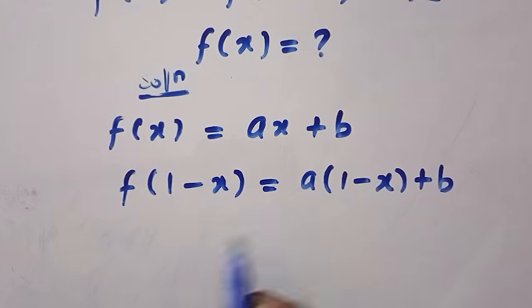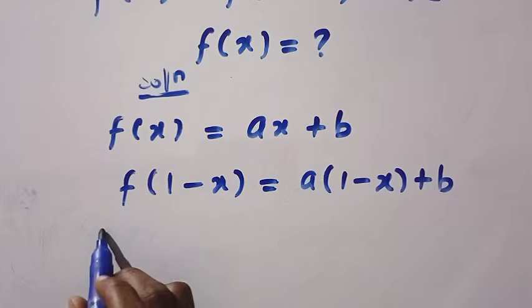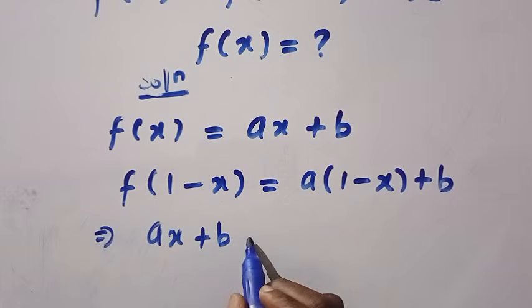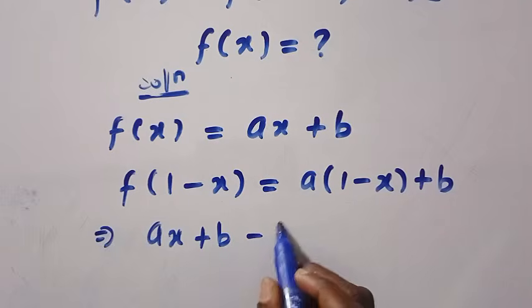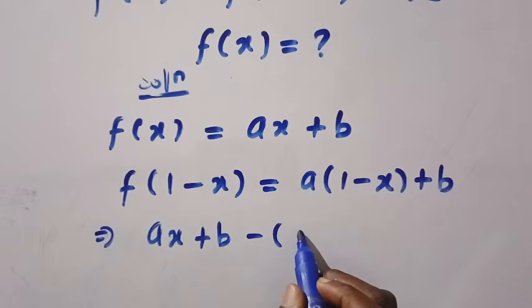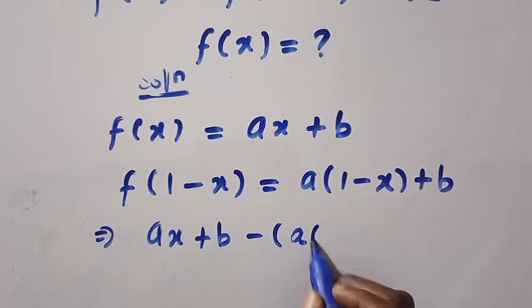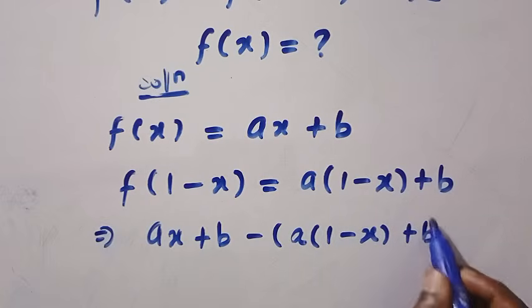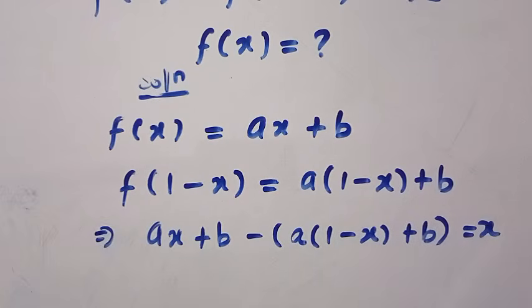Then equating, we have ax plus b, minus the bracket a times (1 minus x) plus b equals x.